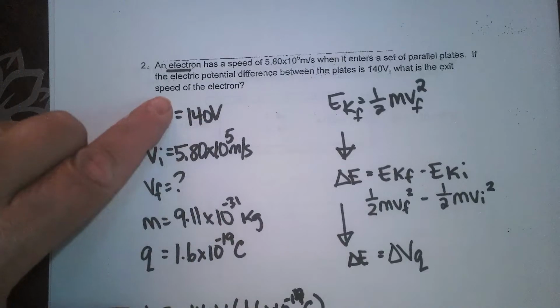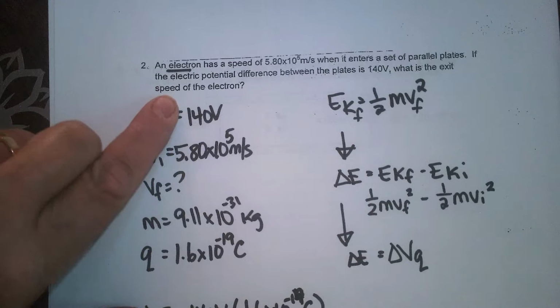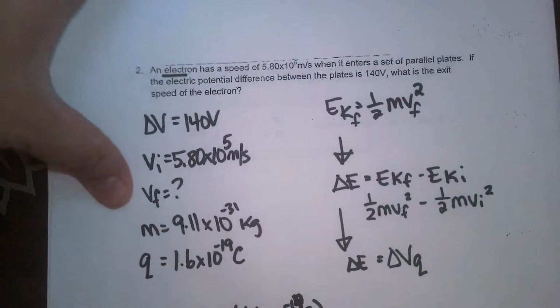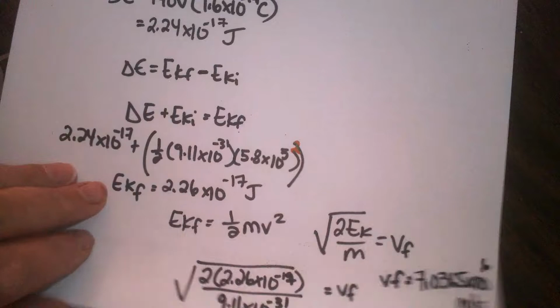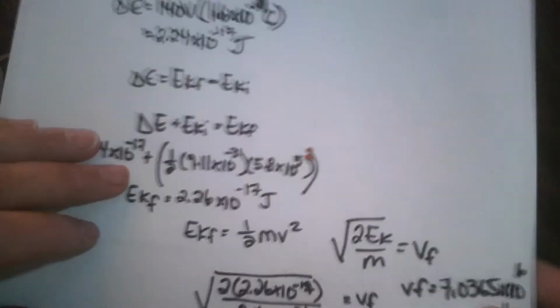And when I go back to the question, it says, what is the speed of an electron. So do I need direction? No. Speed is scalar. So 7.04 times 10 to the 6 meters per second.